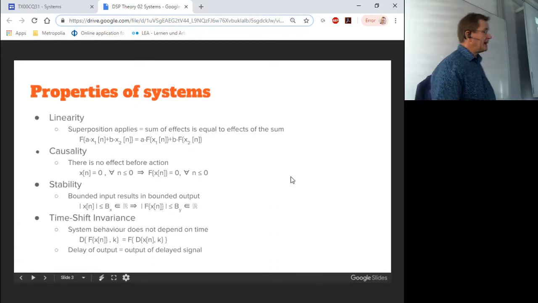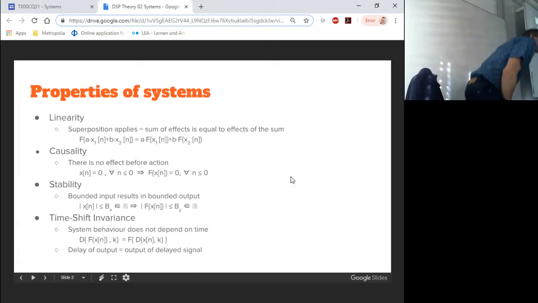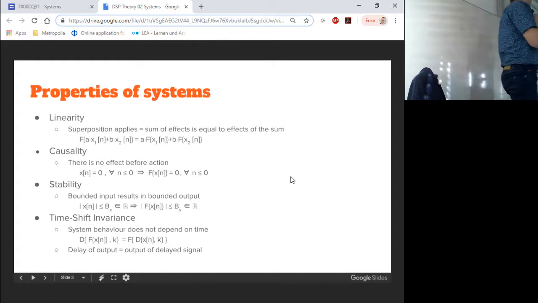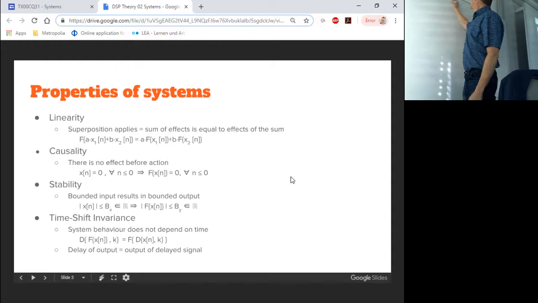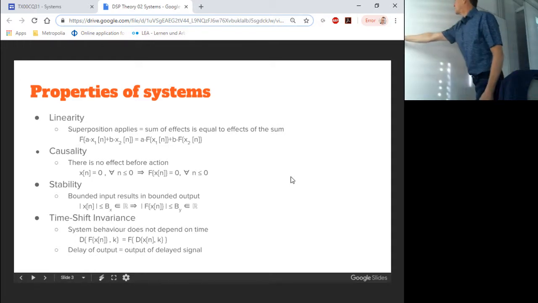So first of all, linearity. Basically what it means is that if you have a linear system, then you can apply the superposition principle, meaning if you go to the block diagram level, let me see if I can put this on 4 parts.